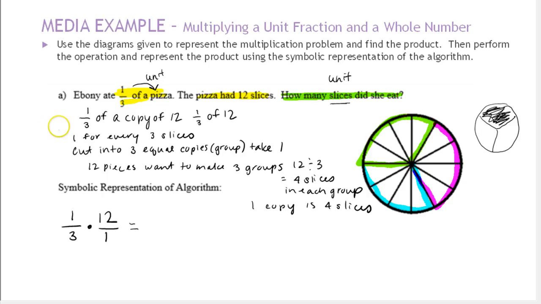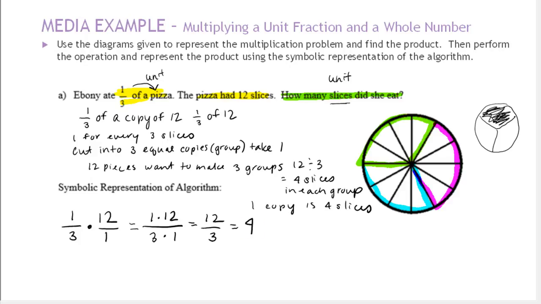This is equivalent to taking one group of 12, we multiply the numerators, and then we multiply the denominators, and we have 12 over 3. Okay. Simplifying, you could think of, remember, a fraction, this is 12/3, but another way to think of it is division. 12 divided by 3, and this connects to that idea, is 4. Okay, so Ebony ate 4 slices.